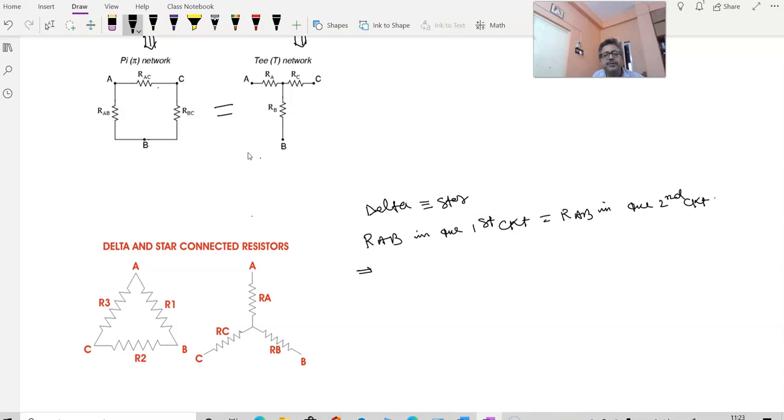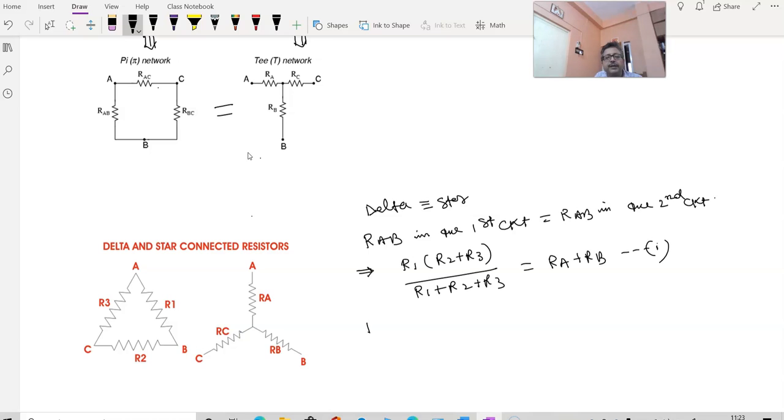Between A and B, what is the equivalent resistance? R3 and R2 will be in series, R1 in parallel, so R1 into (R2 plus R3) divided by (R1 plus R2 plus R3) equals the equivalent resistance between A and B, which is RA plus RB. That you can see, this is number 1.